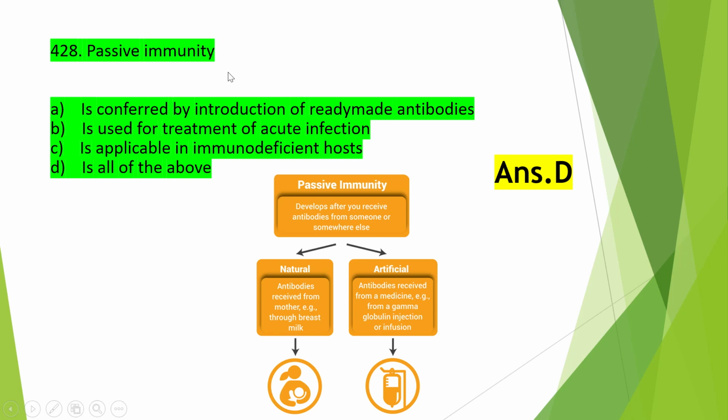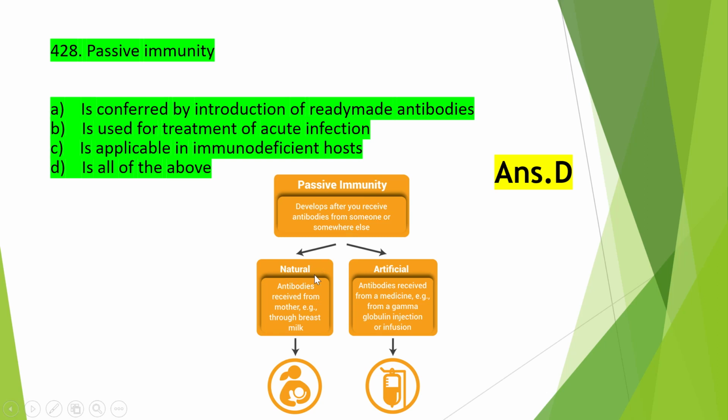So what is passive immunity? Passive immunity is developed after you receive antibodies from someone or somewhere else. Our body does not produce its own. That's why it is passive, we get it from the outside.